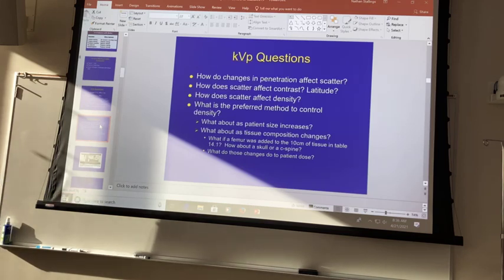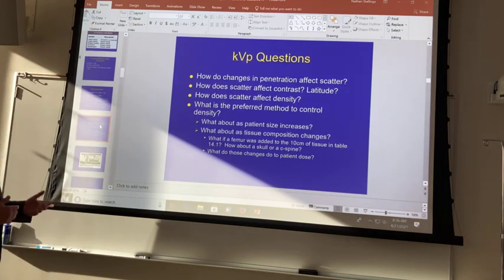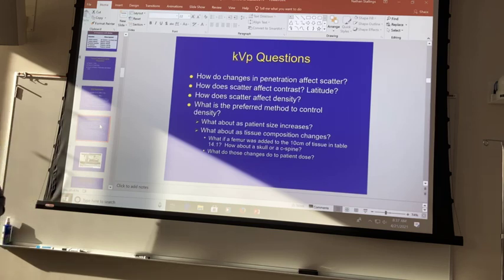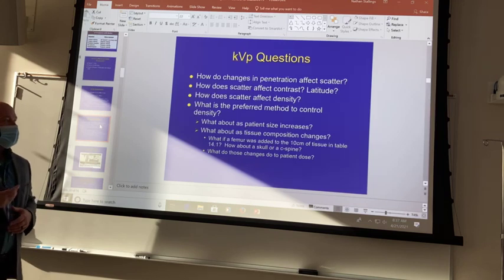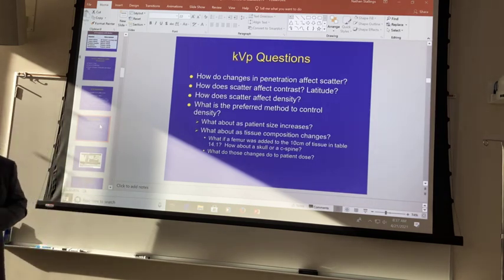So we talked about the best way to control density is with mAs. We've talked about that all semester. So as patient size increases, our preferred means of adjusting for patient size would be to increase mAs. If we have a change in tissue composition, then we might use kVp.